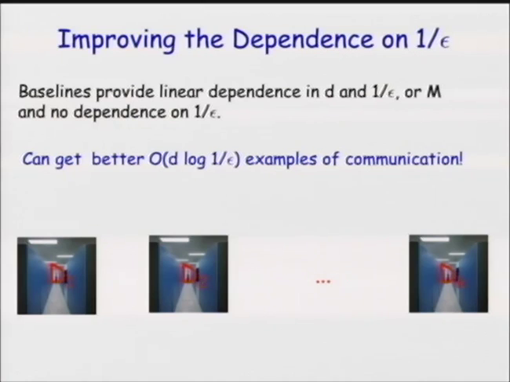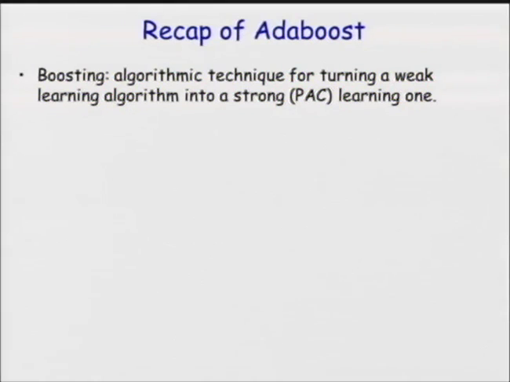Okay, and actually we can achieve this by using a distributed boosting implementation, a communication efficient implementation of boosting, in particular of Adaboost. I'm going to describe it for Adaboost. Since this is a broader audience, let me just mention that boosting is a famous algorithmic technique for turning a weak learning algorithm into a strong learning algorithm.